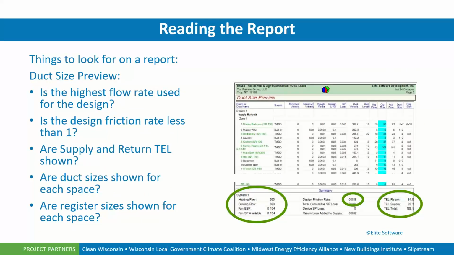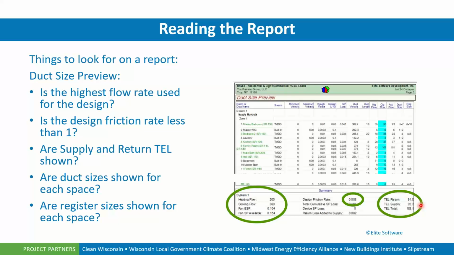Things that we need to look for on our duct preview. Making sure that the highest flow is the highest flow actually used. The friction rate in the design, is it less than 1, meaning how restrictive is the ductwork? Are the total effective lengths of our supply and return ducts shown, and do they add up?